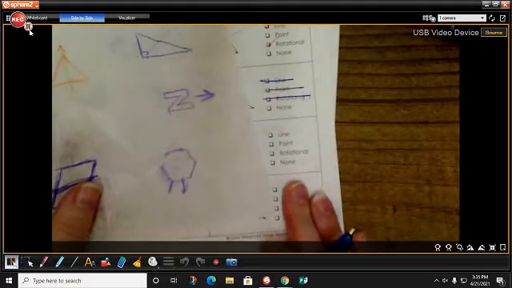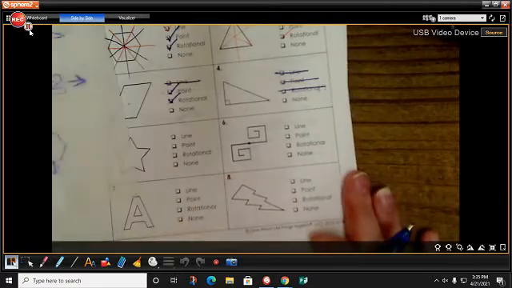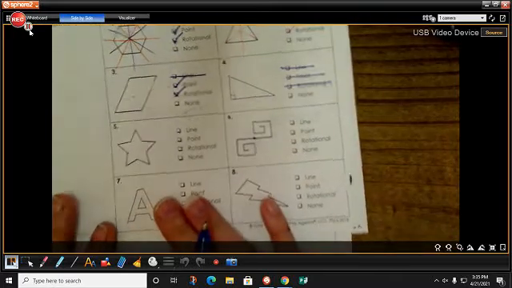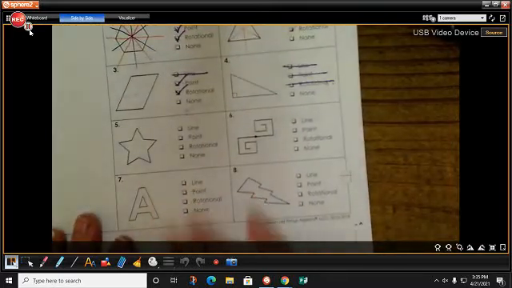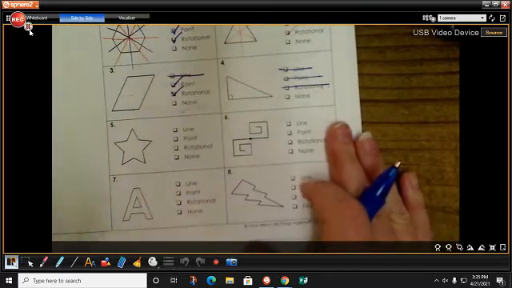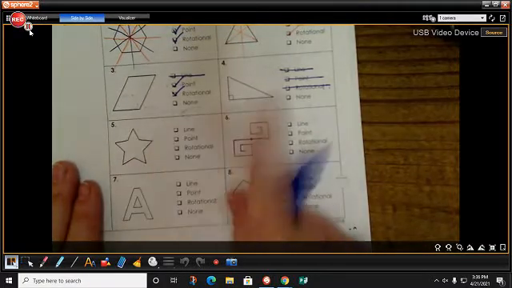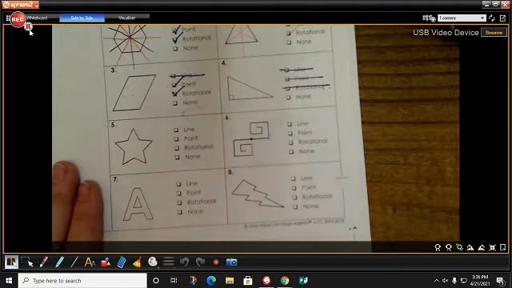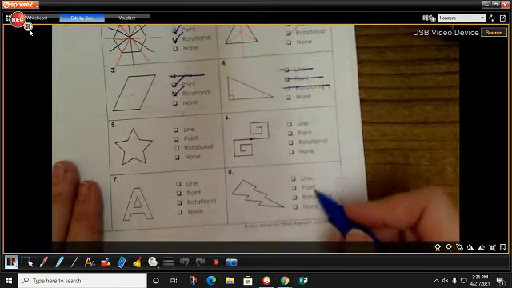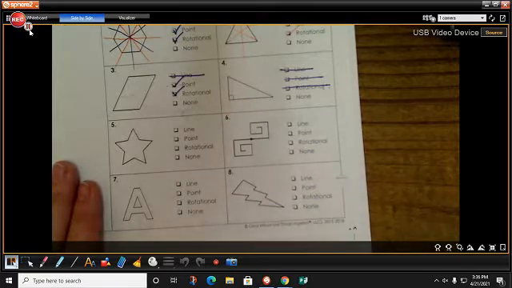I highly recommend that if you don't have some kind of tracing paper you can use, like wax paper works really good or something, even just a thin sheet of paper, if you can't tell a symmetry, even a thin sheet of paper you can lay down or something you can mark to test is very useful. It's not required, but it is useful to just determine line, point, or rotational symmetry.